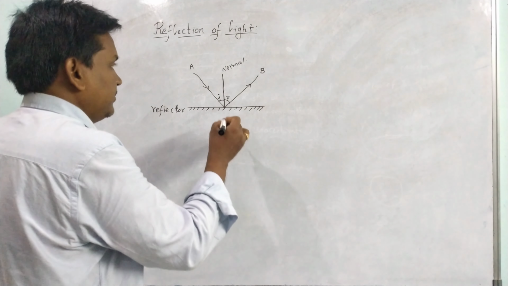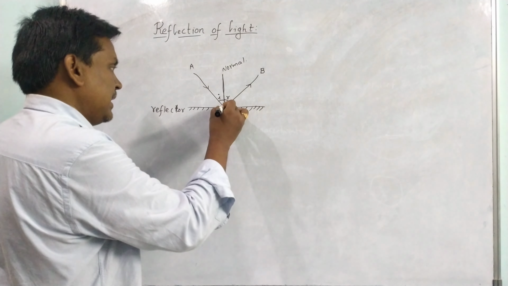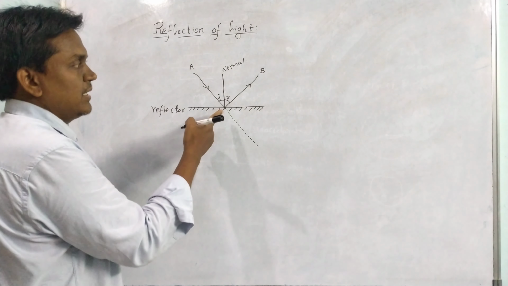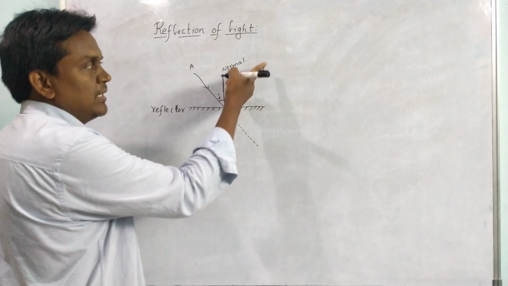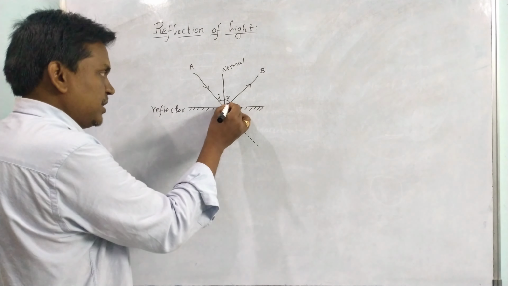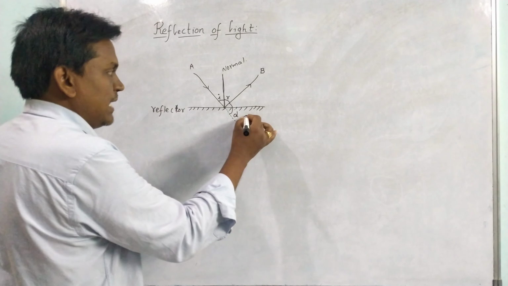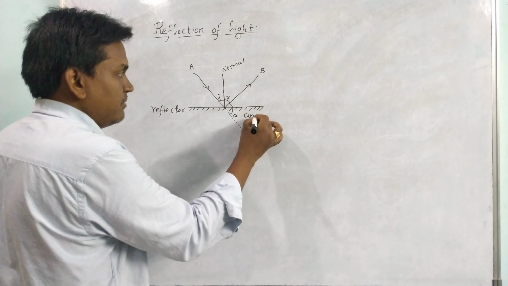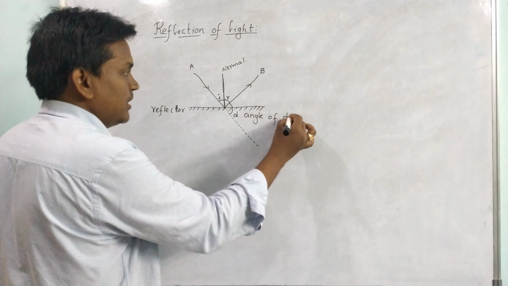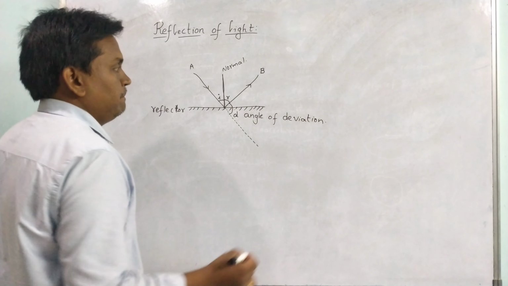And here, if this reflector is not there, then the light would have to travel like this. But due to the reflector, the light is traveling in this way. The path of light is this. So this one is called the angle of deviation or deviation angle.